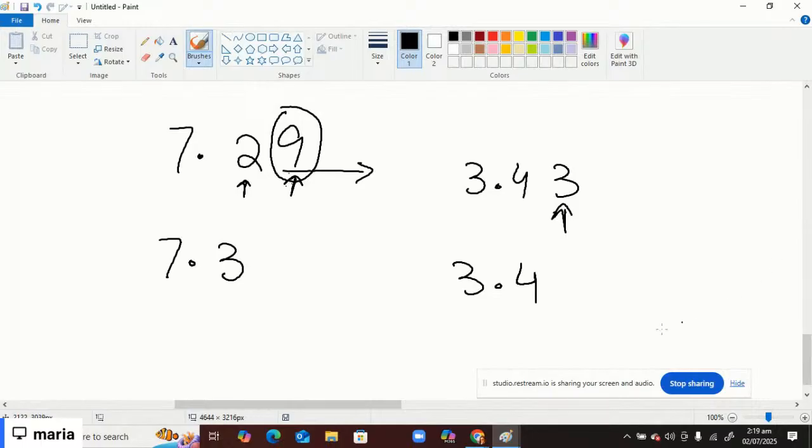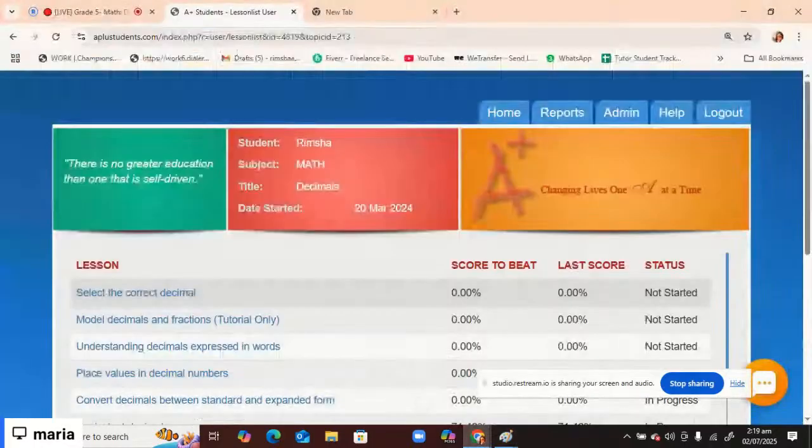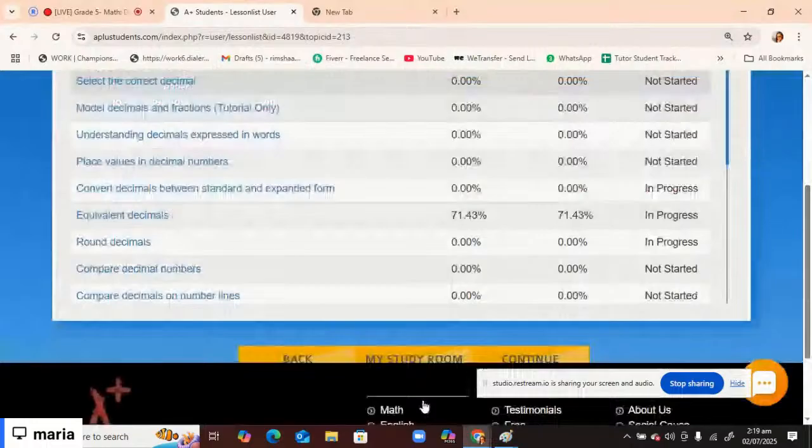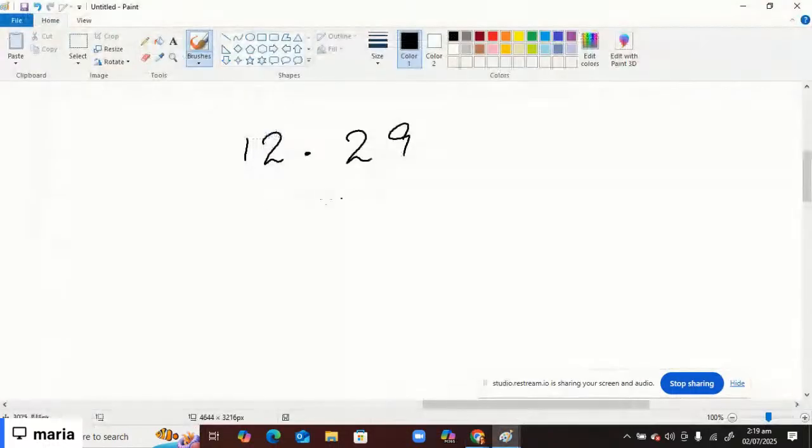Let's suppose I write down 12.29. Now you tell me the answer. Solve it, everyone, and then tell me. We always check this 9 if we're rounding to the tenth place digit. 9 is greater than 5, so 2 changes into 3.